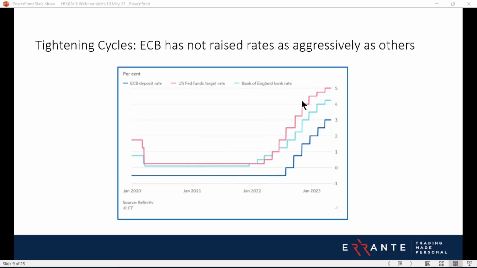That's really important because it means we're set for more volatility, which is good for us, good for traders, because we're going from important data to important data. Big risk events mean more volatility, more potential for trading opportunities.